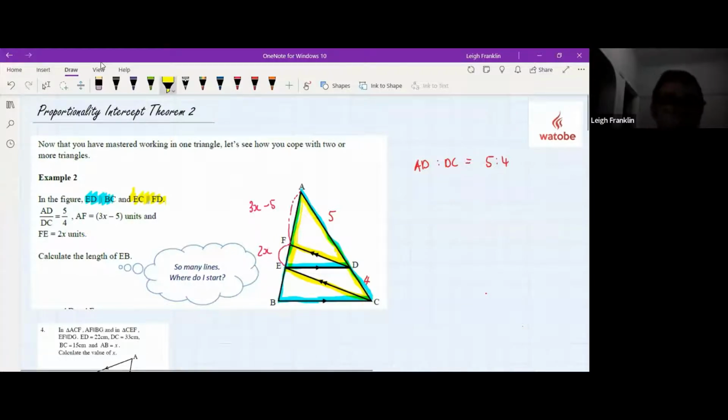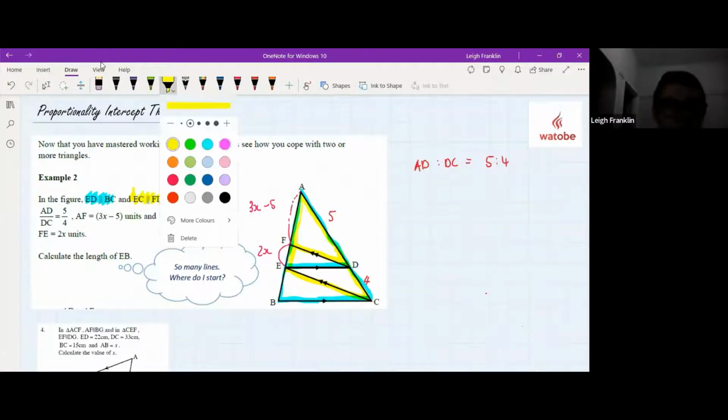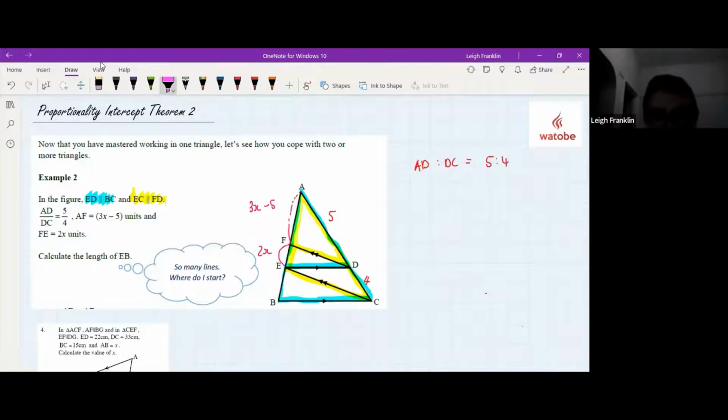The thing that they're asking us to find is the length of EB. So now you say to yourself, in which triangle does EB lie? Is EB part of the yellow triangle or part of the blue triangle? Which one is it part of?